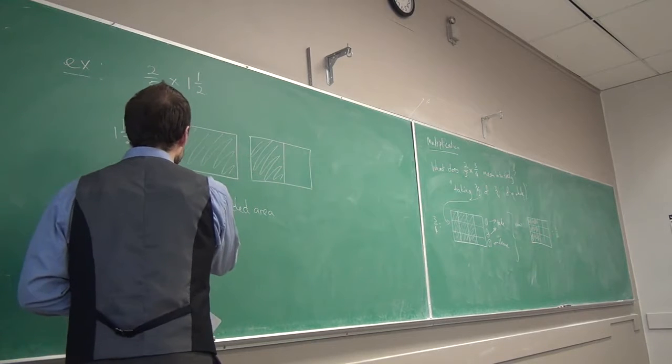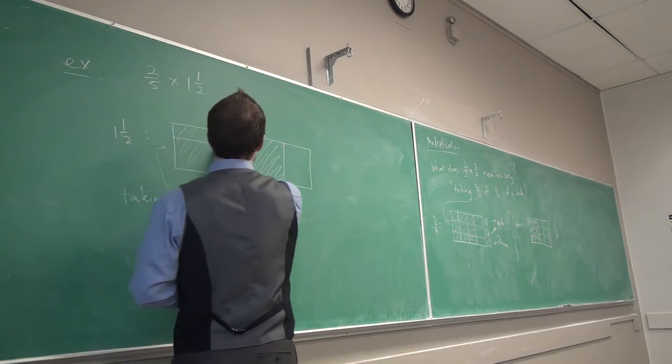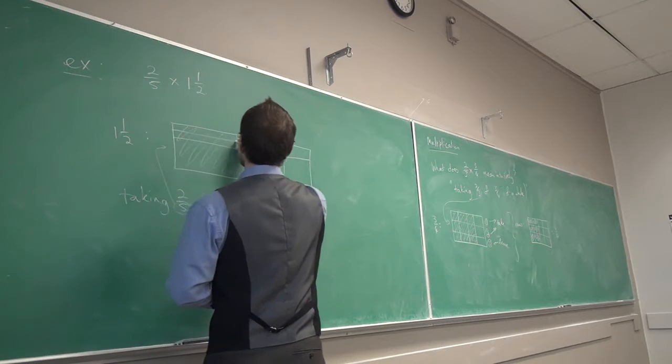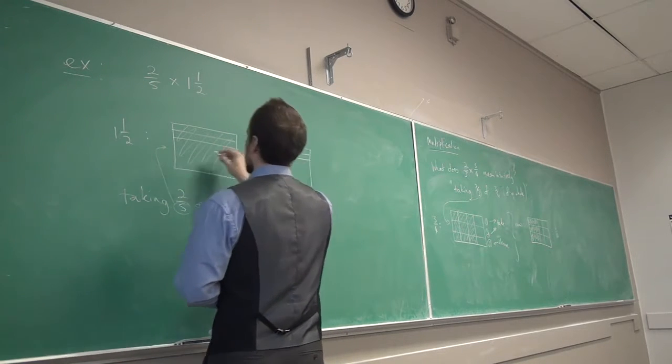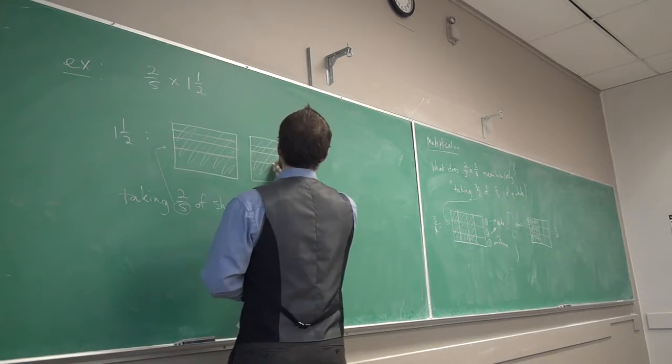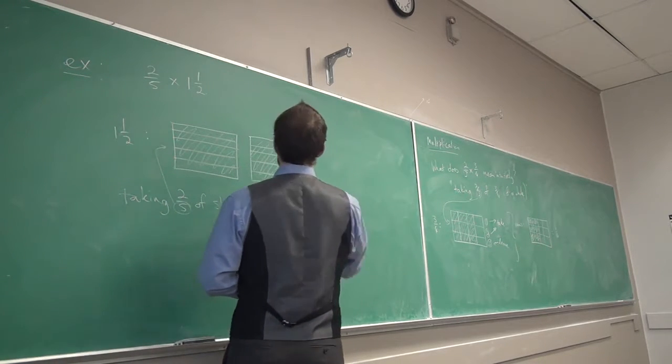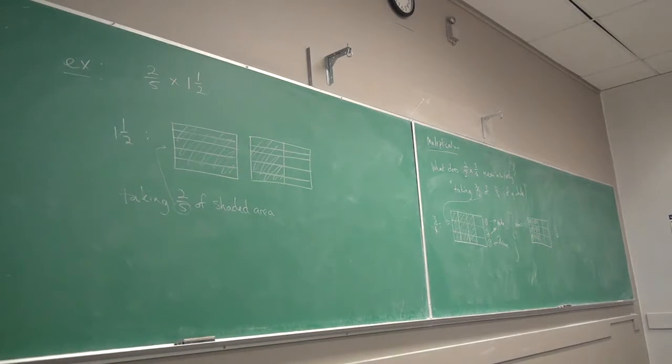So this 5 tells me split it into 5s. Now with a little practice, you'll get 5 fairly equally spaced lines. Doesn't have to be perfect, clearly. My right rectangle there is a disaster. Doesn't matter.